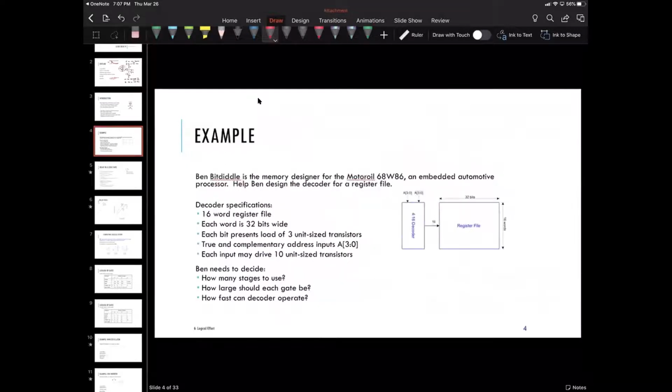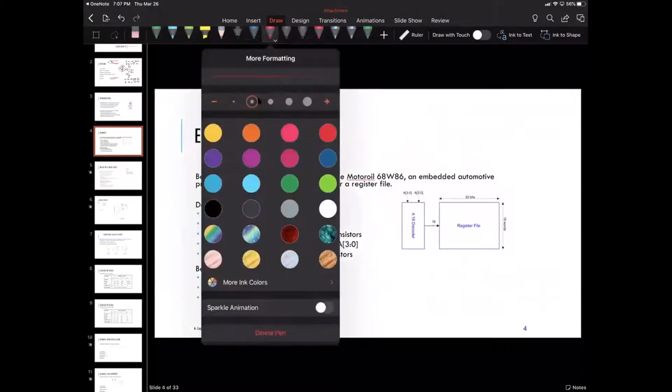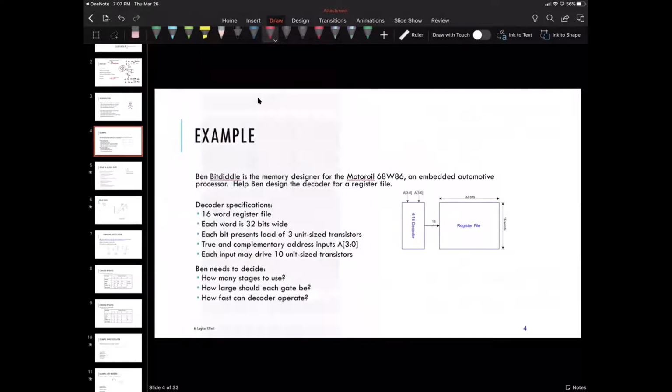So let's take an example here, which is from the book, in which the designer is trying to design a decoder for a register file. And register file just means a bunch of registers.